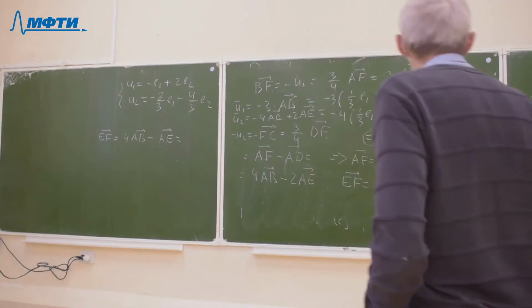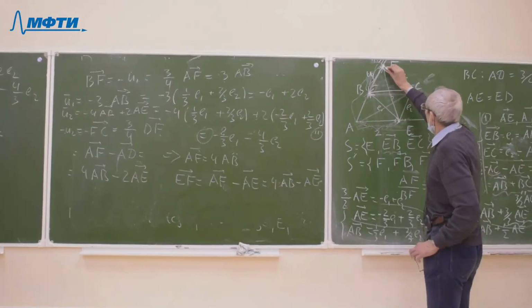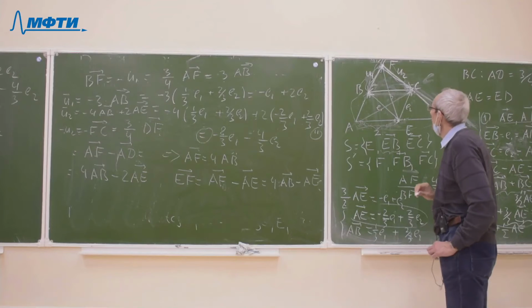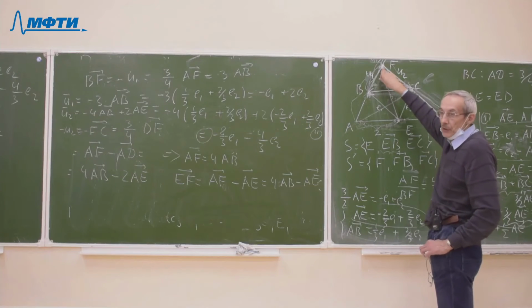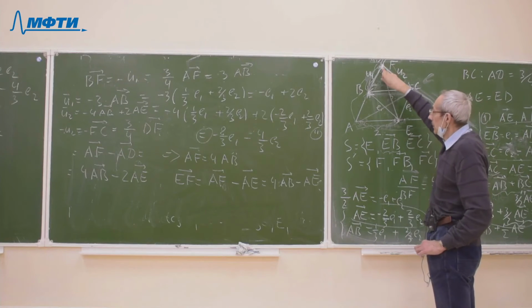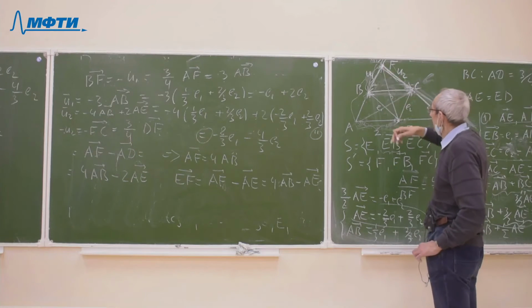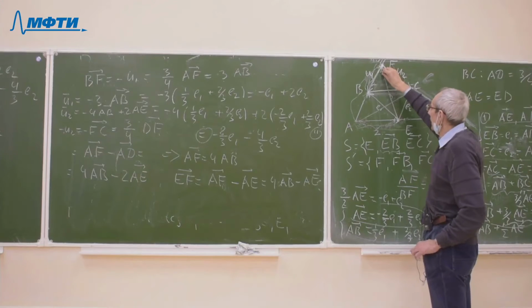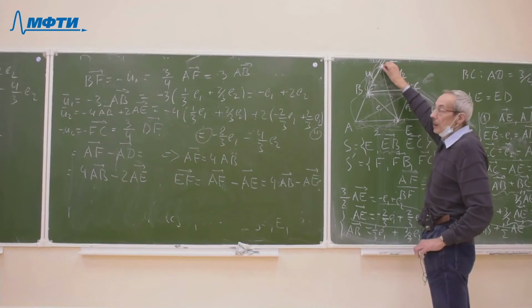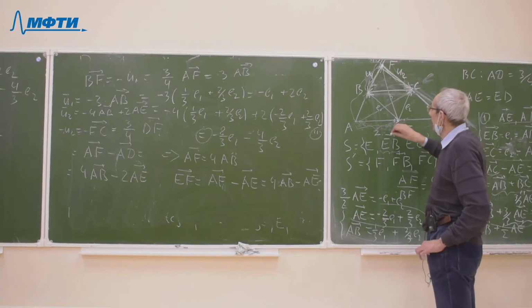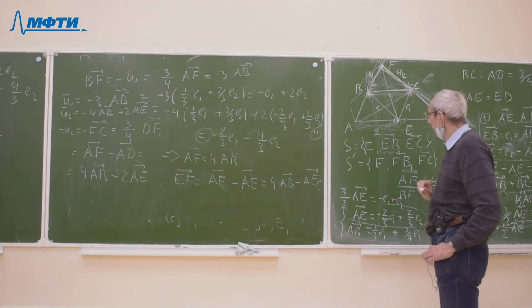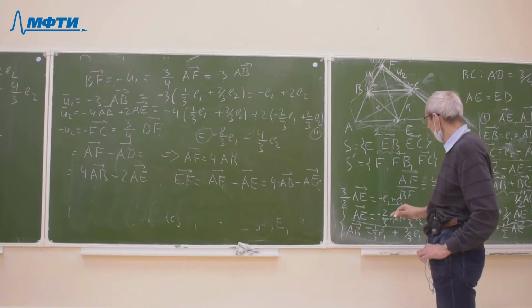F is a new origin, the origin of the new coordinate system. And we can obtain the coordinate of this new origin in the old basis.